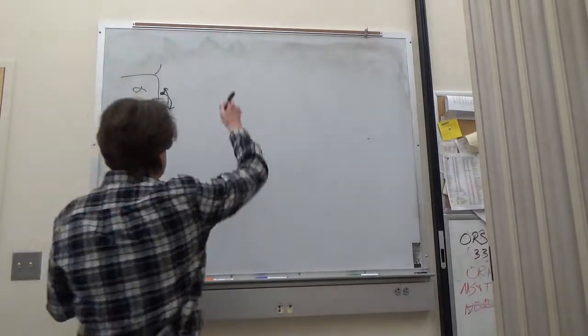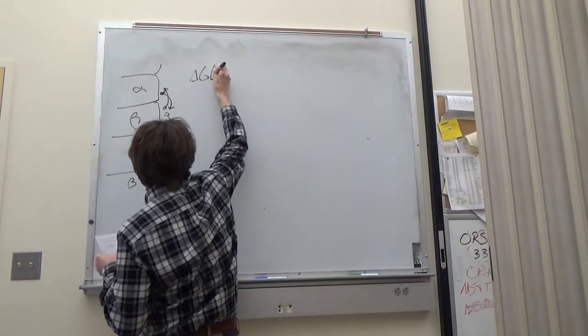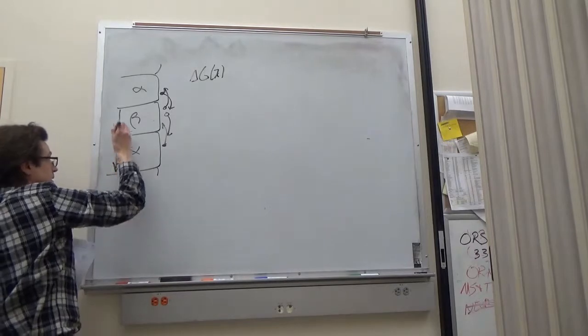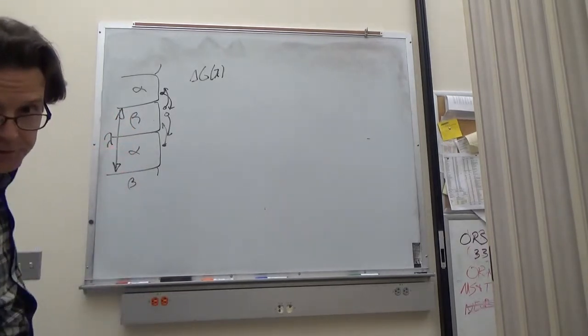And we'd written out our thermodynamic expression, delta G is a function of lambda, where lambda is the periodicity of the lamellar structure.